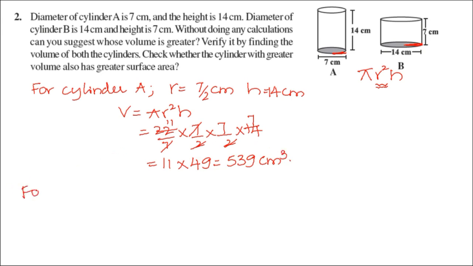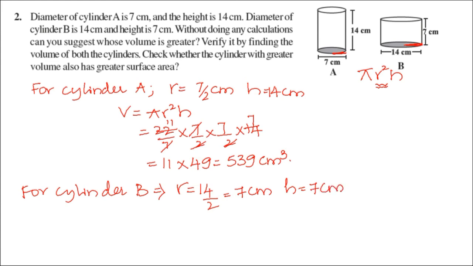Now for cylinder B, we have the radius as 14 by 2, which is 7 centimeter, and the height is again 7 centimeter. When we use the formula, pi r square becomes 7 into 7, multiplied by the height 7.